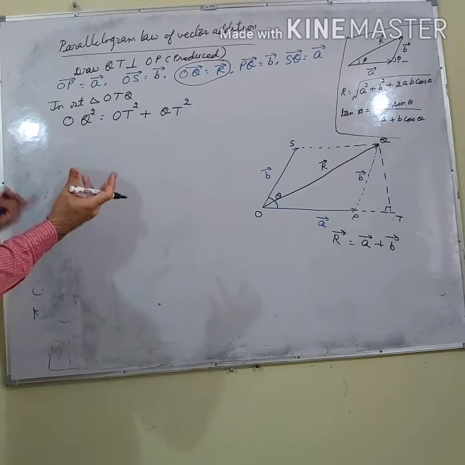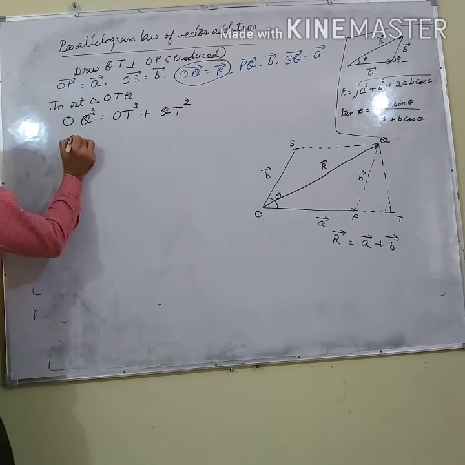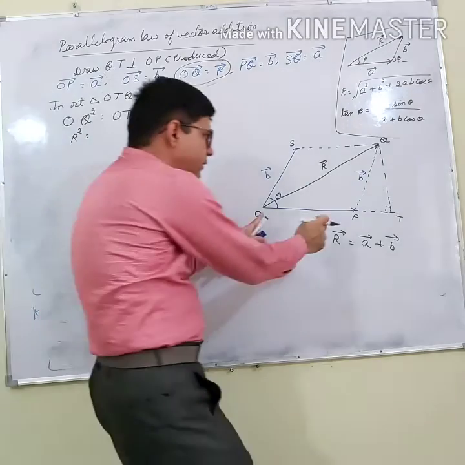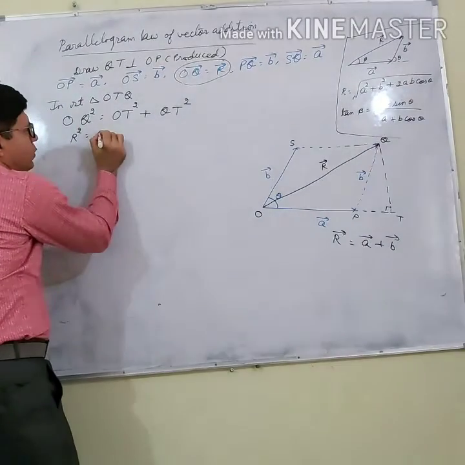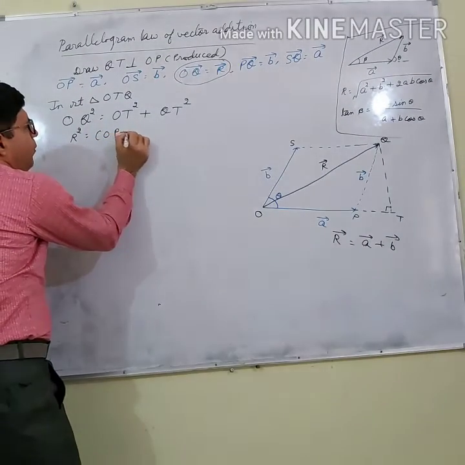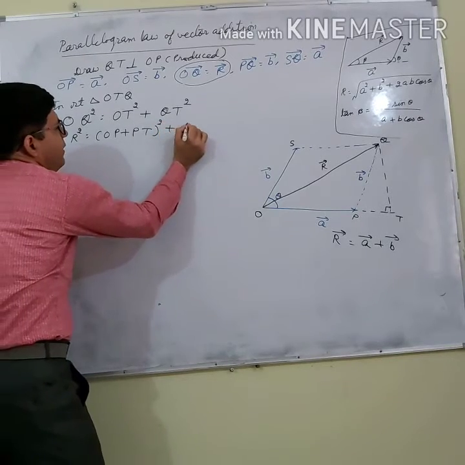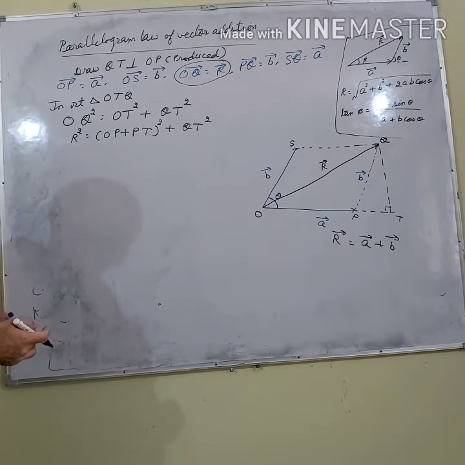Now I know OQ is R, so I write OQ equals R. And what is OT? OT equals OP plus PT. So R squared equals (OP plus PT) squared plus QT squared.